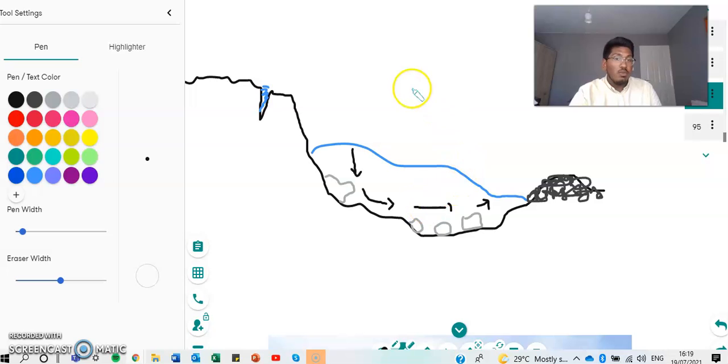Okay, and this will form like a circular motion, right? And that is what we call rotational slip. Rotational, sorry, my handwriting is not the best. Rotational slip.